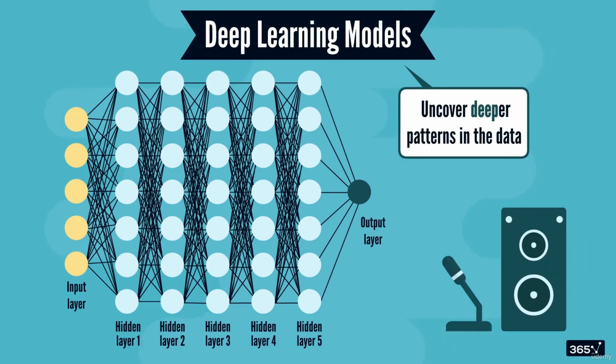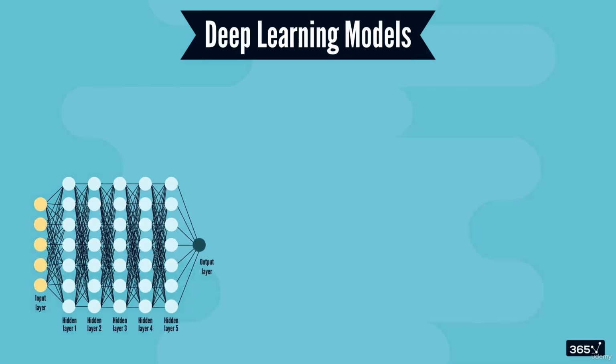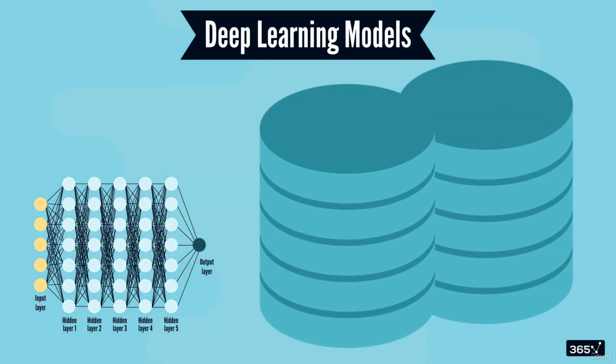This allows them to outperform older models, especially in speech recognition where accuracy is critical. These models, however, require even larger datasets and significant computational power to train. But once trained, deep learning models can make highly accurate predictions on new unseen data. Okay, let's briefly explore some of the most popular deep learning models used in speech recognition.